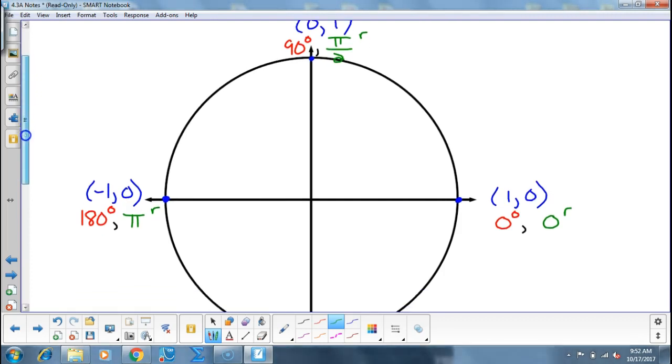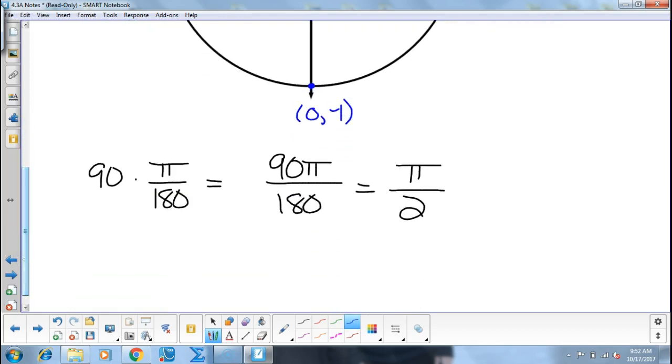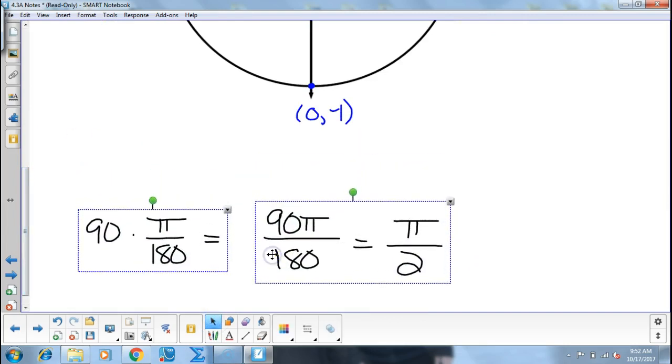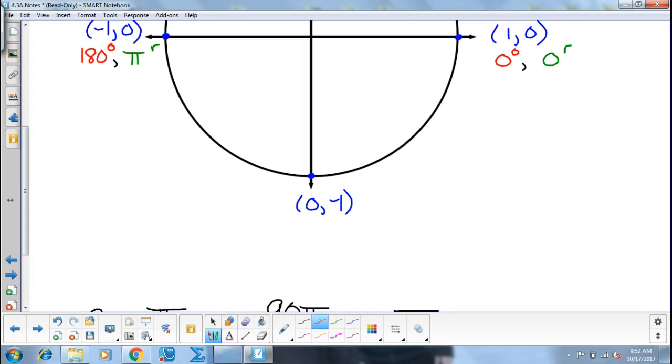If I go down here now, I'm at 0, -1. In terms of degrees, I'm at 270 degrees.